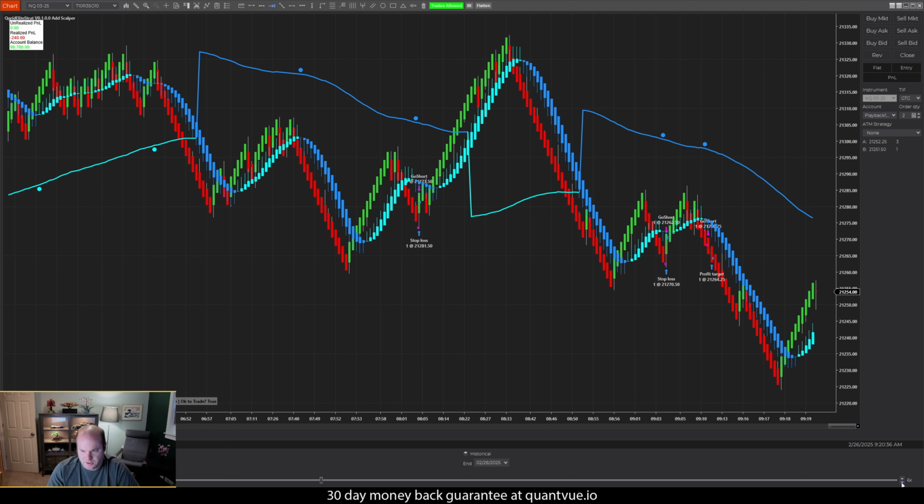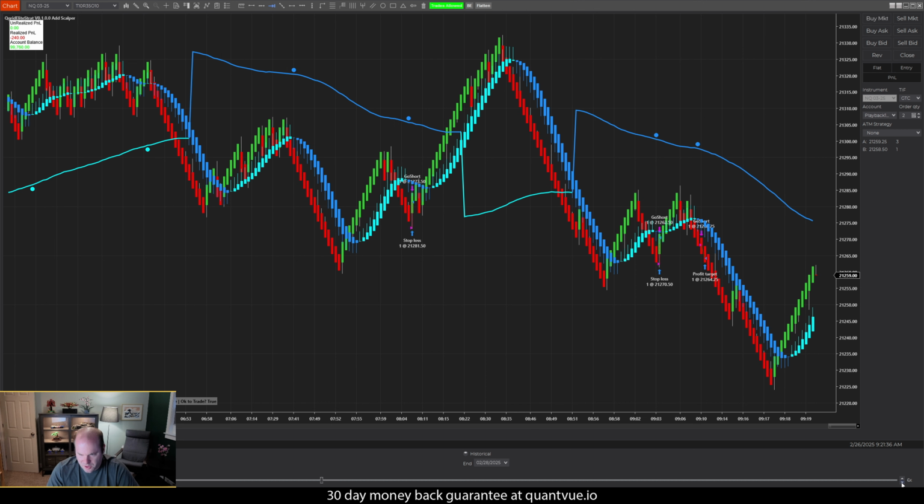Please try them out on a sim account. Don't just go straight to an eval. Get used to them, feel comfortable with them, and then take trades with them. I don't want anyone ever to go straight to an eval with my settings. Make sure that you understand how it's trading before you take that risk.